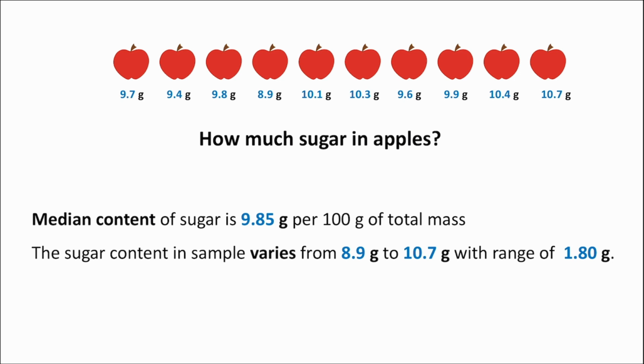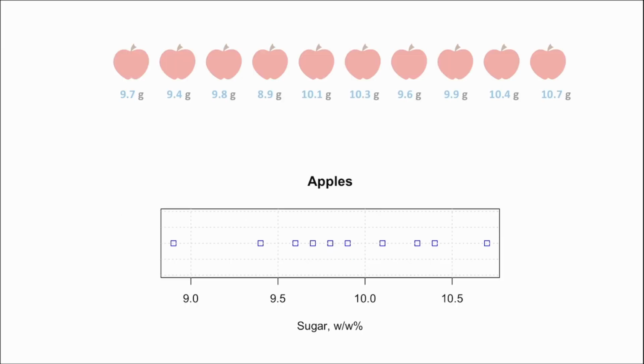So you can already summarize, and it doesn't matter how many apples you have, hundreds, 200 apples, 30 apples, 5 apples, you can always summarize all these values into these two statistics, right? In this case, it's 10 apples, of course. But if you think about median and range, it's two statistics. One statistic tells you where the middle point is, and the second statistic tells you how big the variation is, how far values can go from the middle point.